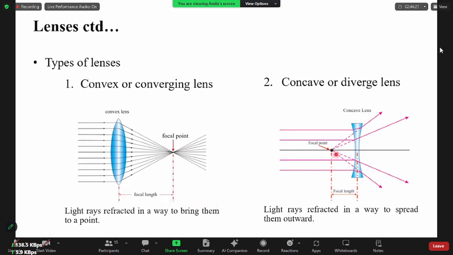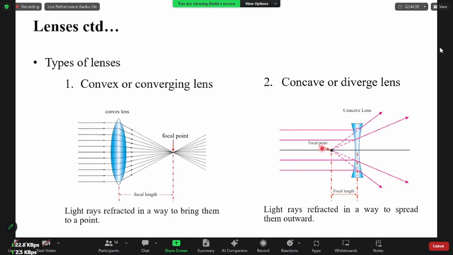In a concave or diverging lens, the light rays refract in a way that spreads them out. After going through the lens, light is spread out. But if you take these dashed lines, which are imaginary lines drawn from the refracted rays, you can see they spread out from a point.